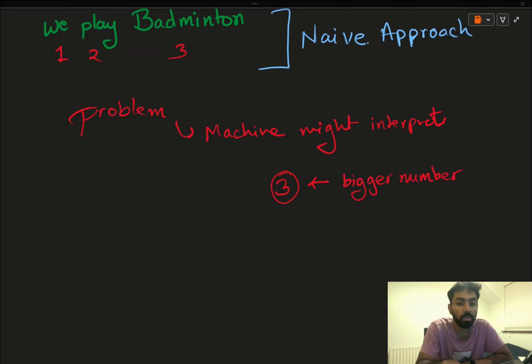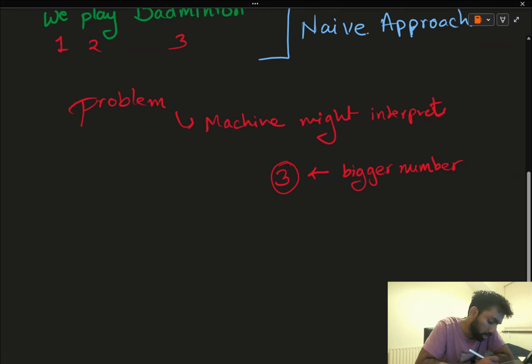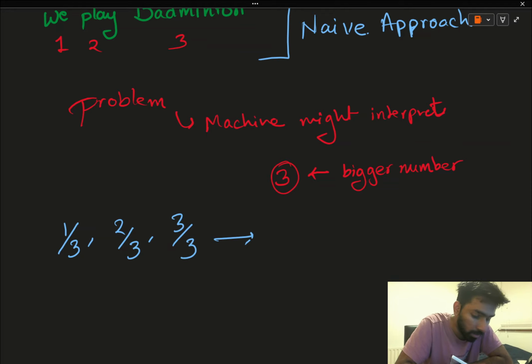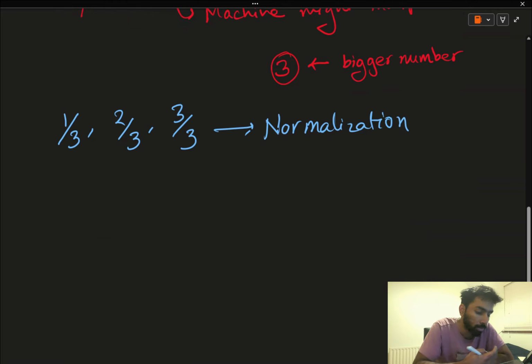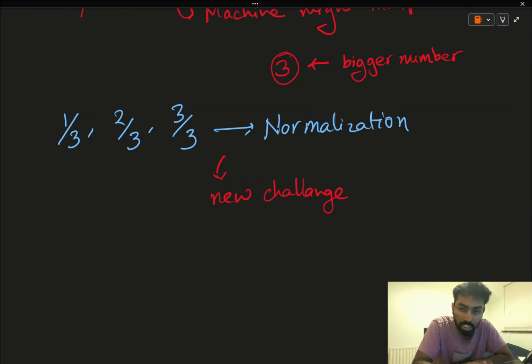So the best way to solve this problem is normalization. Let's say if I normalize this, for example, 1, 2, 3 becomes 1 by 3, 2 by 3, 3 by 3. This approach applies normalization on the naive approach, which solves the problem of the magnitude. So now the magnitude is not much bigger for any of the words. But this introduces a new challenge for the machine learning model to understand.